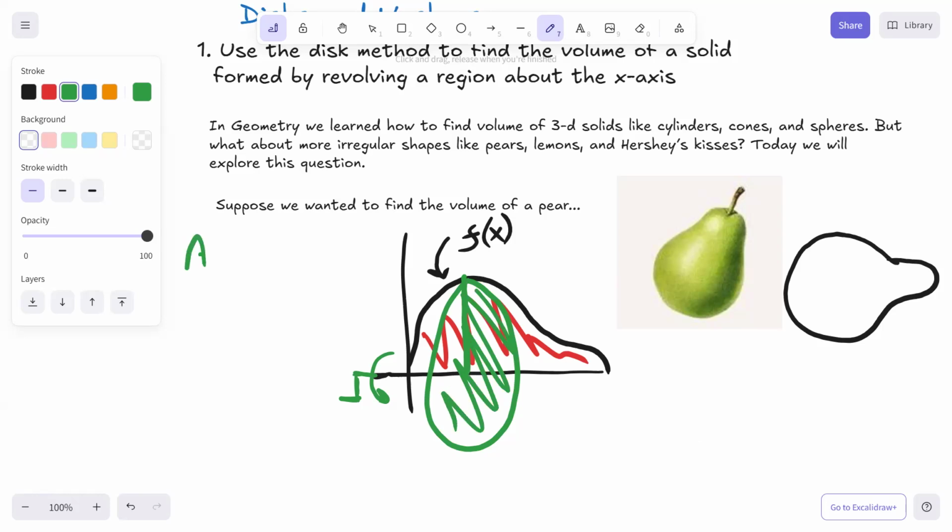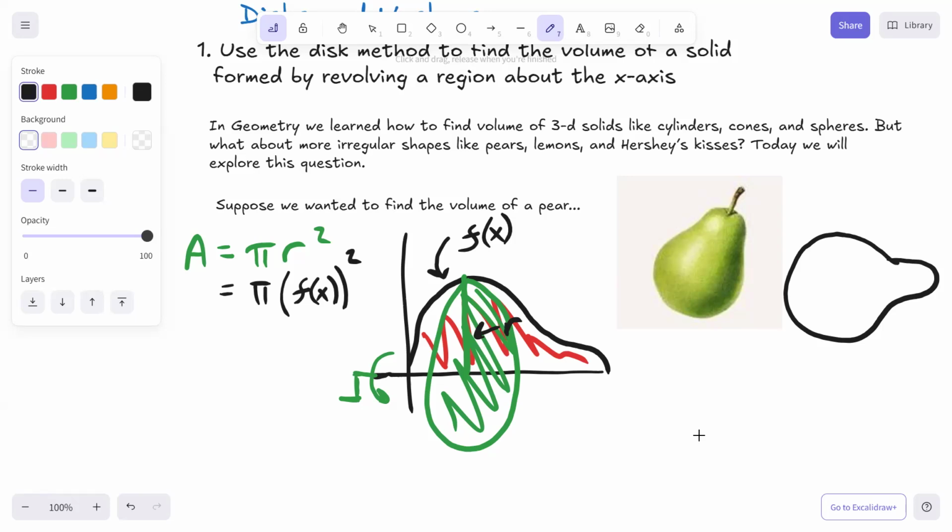Now the area of that circle is pi r squared. The radius of that circle is the vertical strip right there, and the length of that strip corresponds to the function. So I could further refine this as pi times f of x squared. That's going to be the area of that little circle.